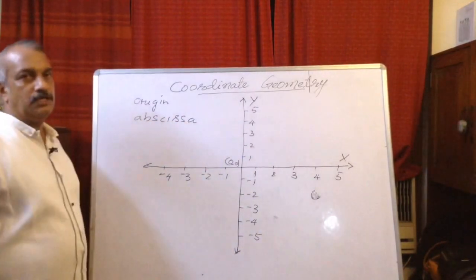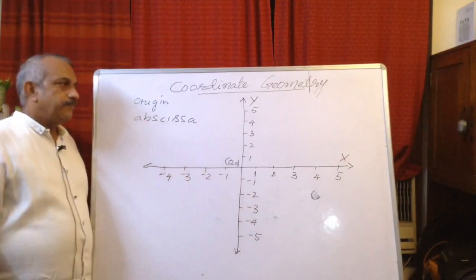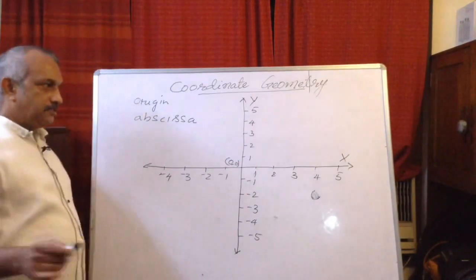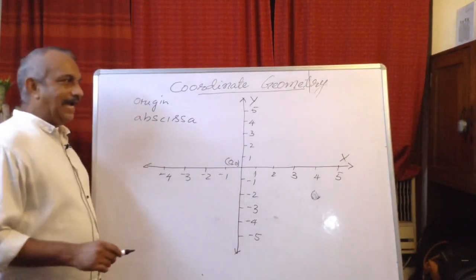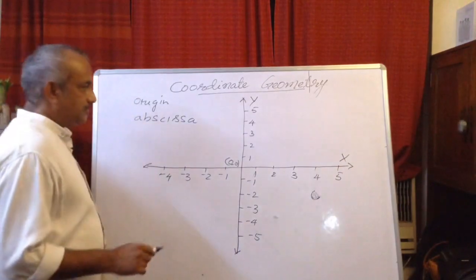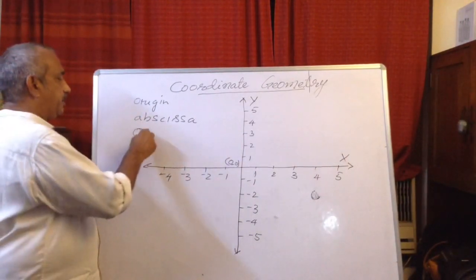The x-coordinate is given a special name, it is also called abscissa. So the distance of a point from the y-axis is called the x-coordinate or abscissa, and the distance of the point from the x-axis is called the y-coordinate or ordinate.